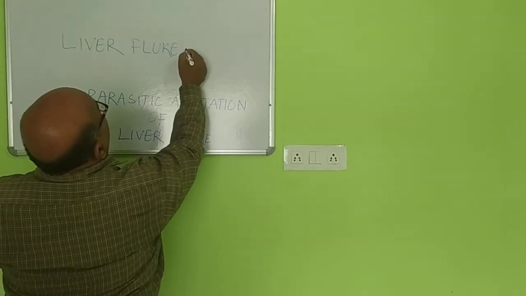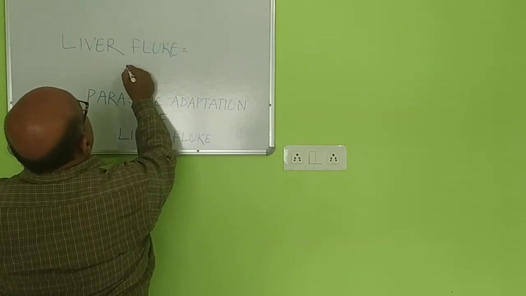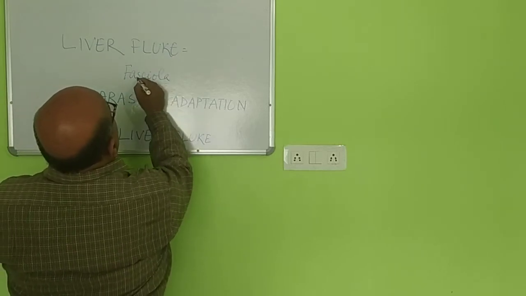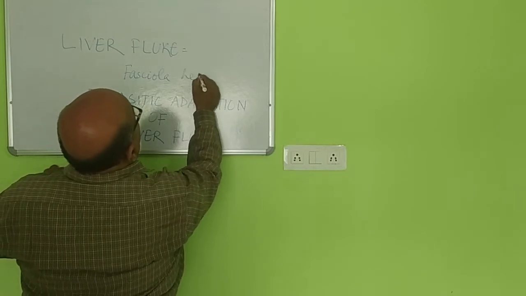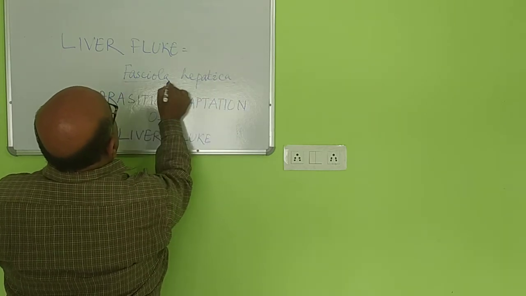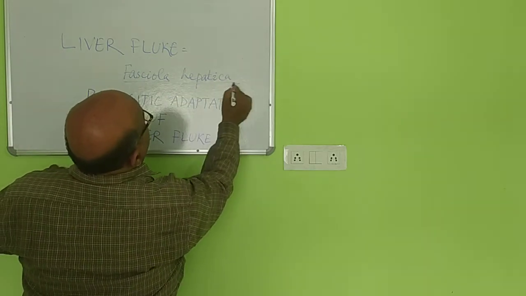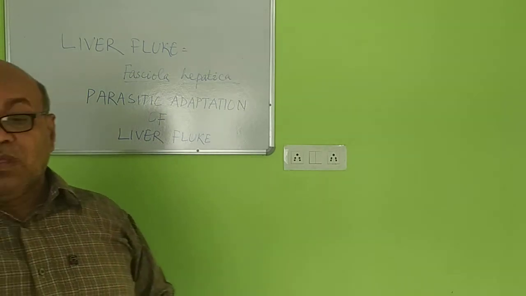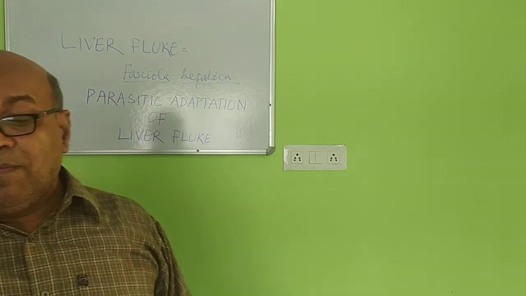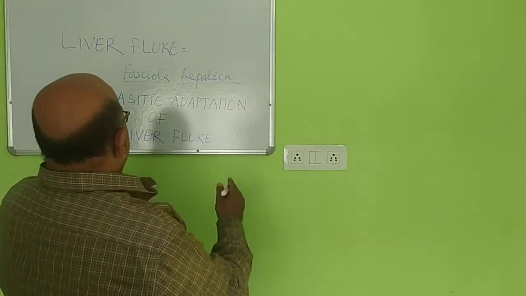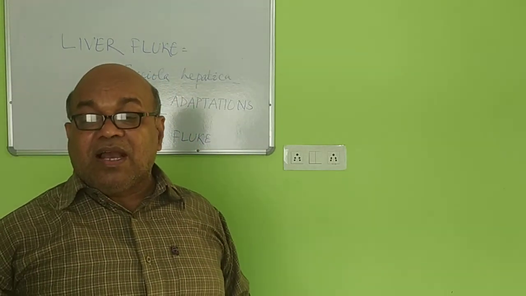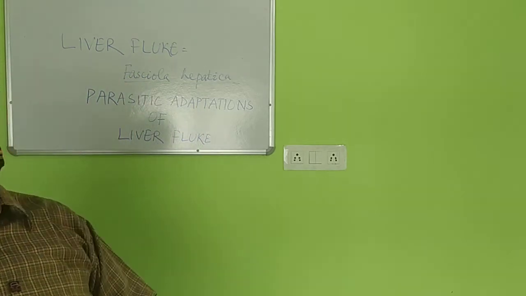Fasciola is the generic name and hepatica is the specific name. Let us know in detail about the parasitic adaptations of Fasciola hepatica, the liver fluke.